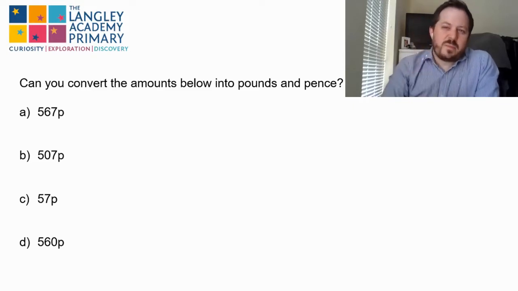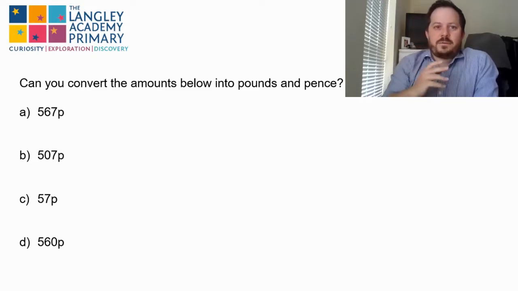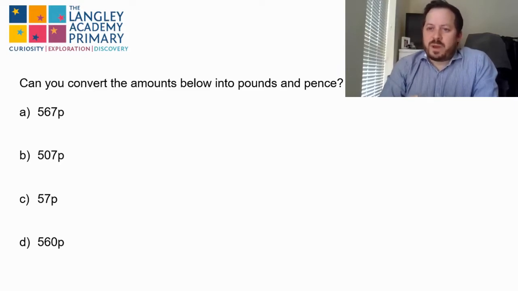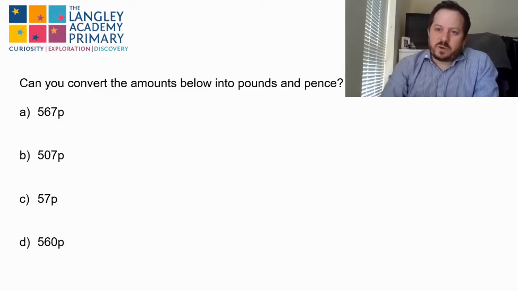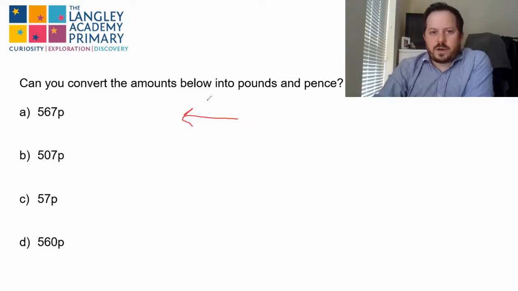What are the things we need to remember to do this? That's the direction that we're going in. If you remember on our place value grid, we are moving it one direction or the other. If we are timesing, the numbers are moving in that direction. And if we're dividing, the numbers are going in that direction.